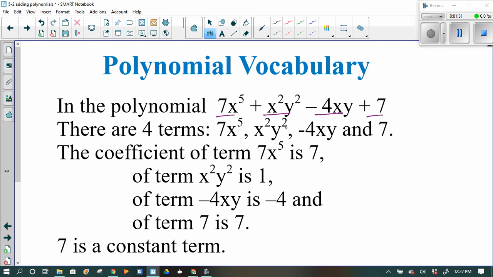So this has 4 terms. The coefficient of 7x to the fifth is 7. The coefficient of x squared y squared is 1, because remember there's that assumed 1. The coefficient of negative 4xy is negative 4, and the term of 7 is 7. 7 is a constant.